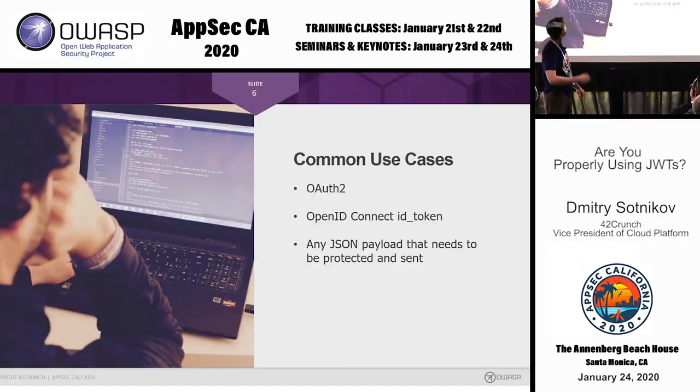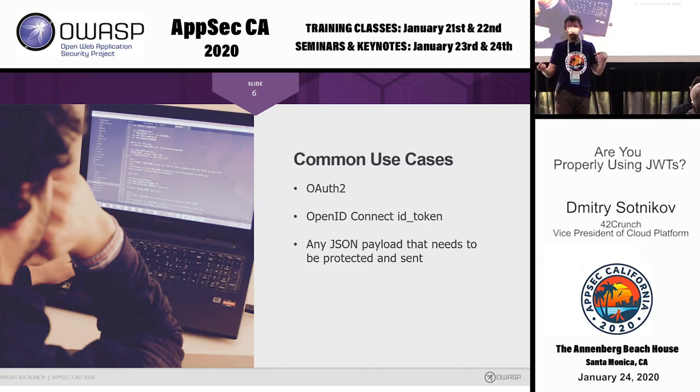Yeah, that's it. And so the most common use cases, again, OAuth: most OAuth implementations would use JSON Web Tokens. OpenID Connect, a standard for authentication based on OAuth, actually prescribes using JWT tokens. So they do for sure.